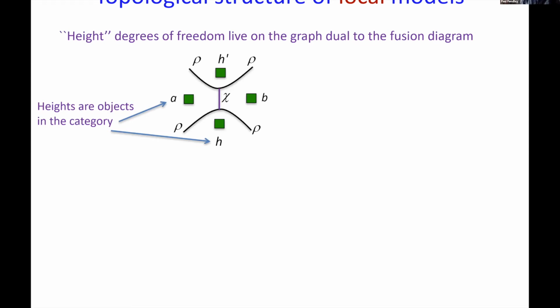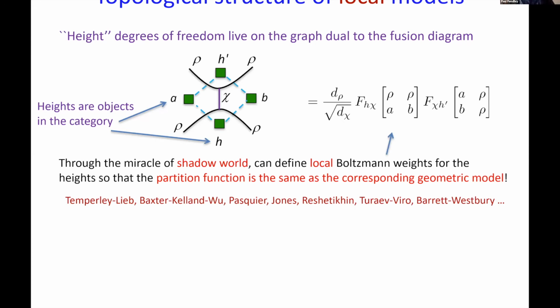Everything is too hard, but when you set it up like I'm setting it up, it becomes essentially no more difficult. So the heights, these are like heights or spins, live on the graph that's dual to the fusion diagram. And there's a formula that says anytime I've got a fusion diagram and I evaluate it, I can alternatively evaluate it by summing over these local Boltzmann weights coming from these heights, these spin degrees of freedom.